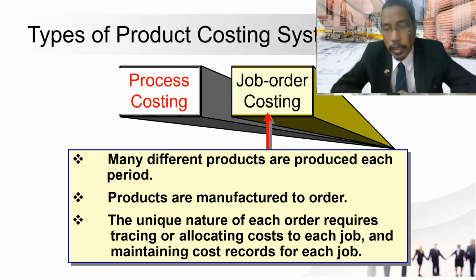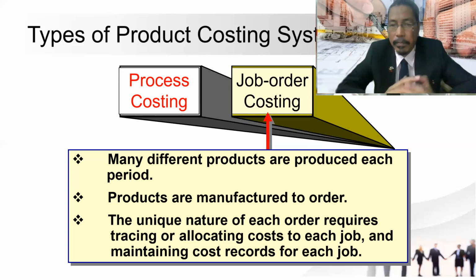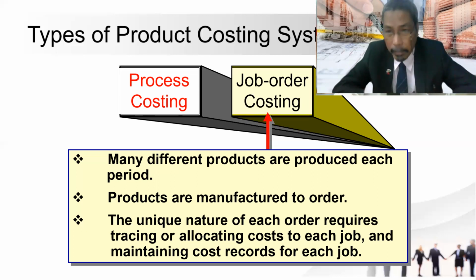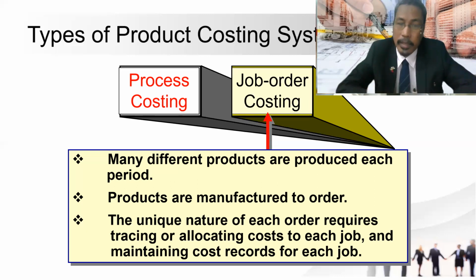Therefore, to avoid mixing it up, there is information that has to be recorded specific to each job order. They have to allocate cost to each job and maintain cost records for each job. They are unique for each requirement.